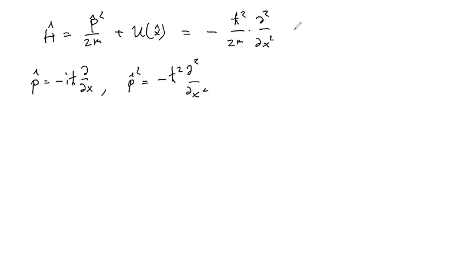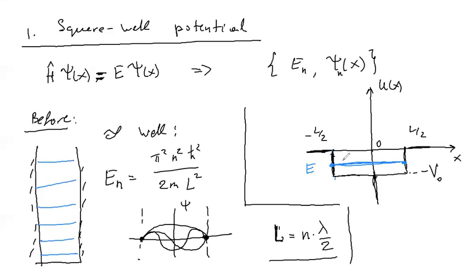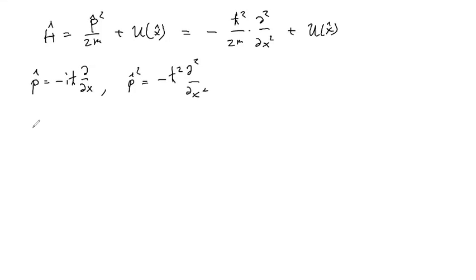The second part is the potential energy. I have to plug in this realistic square well potential energy. If I am inside the square well, then the potential energy is minus V naught, for absolute value of x less than L over 2.